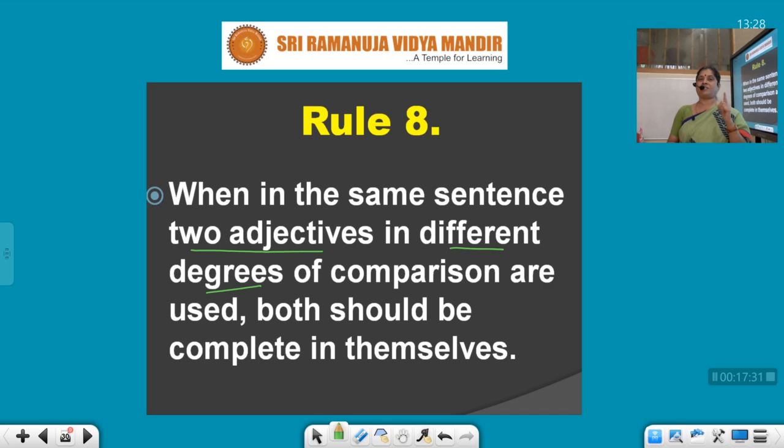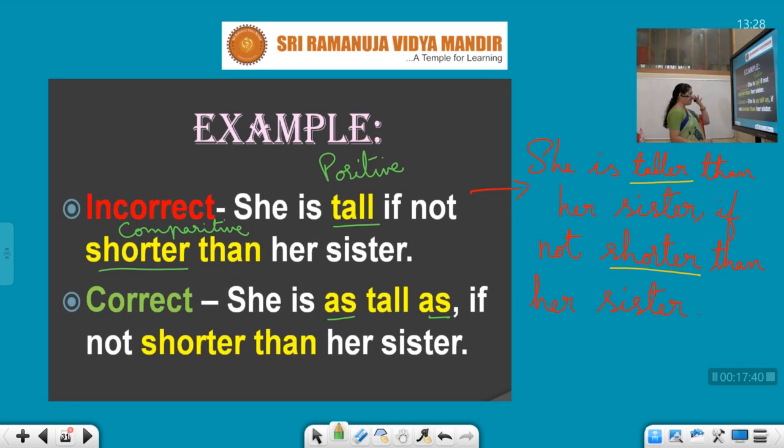Comparative must have than after. Superlative must have the before. So these rules must be followed. So the correct sentence is, she is as tall as, if not shorter than her sister. So maybe she is of equal height to her sister, or maybe she is shorter than her sister. So this is what actually I wanted to say.